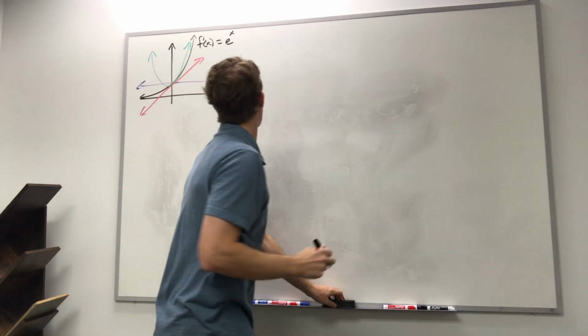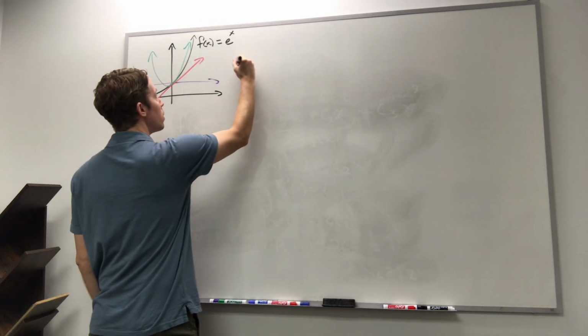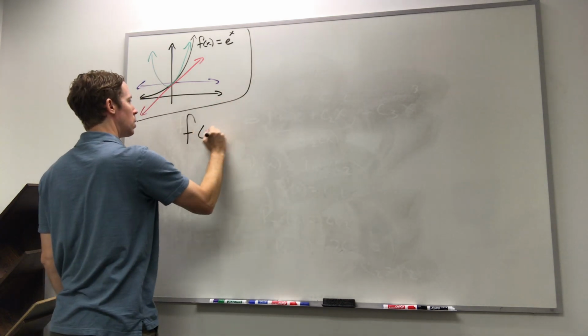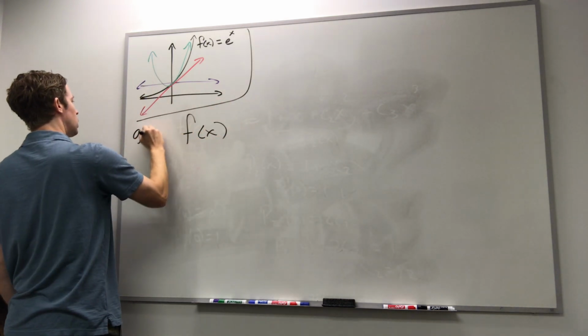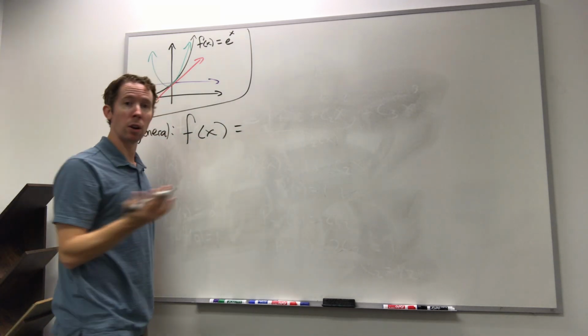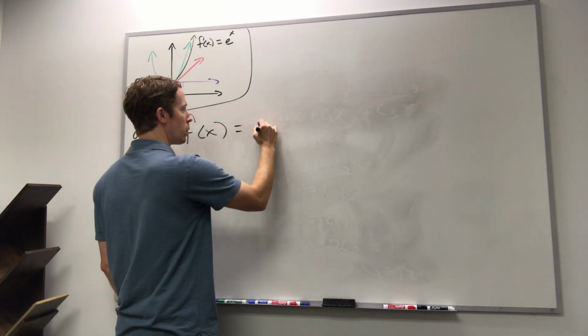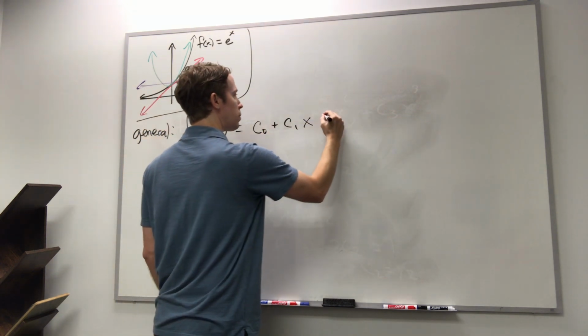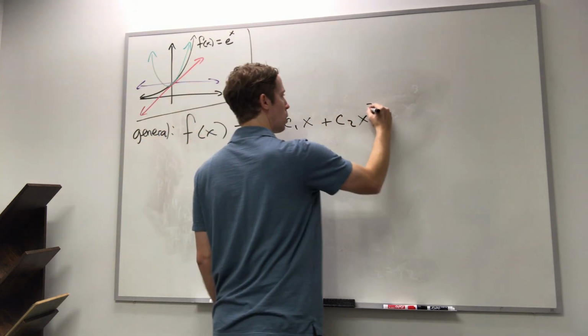So I'm going to move on to a general function, f of x. And I don't know the constant yet. I don't even know what the function is, so I'm going to call it c0. And I'll have c1x, c2x squared, and so on.